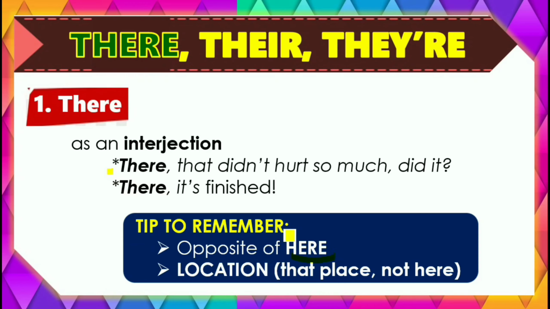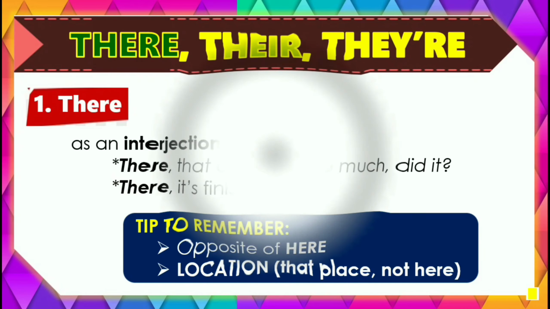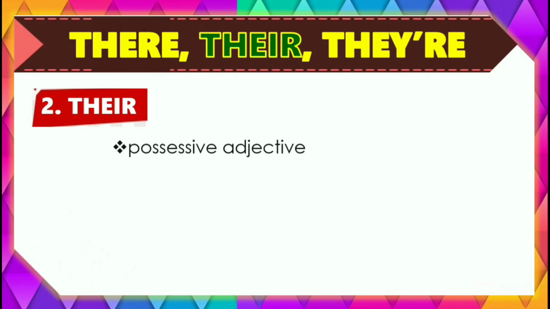Okay? And when we say there, it talks about location, that place and not here. But again, remember there are many functions of there. It can function as a noun, as an adverb, as a pronoun, or an interjection. So remember that.